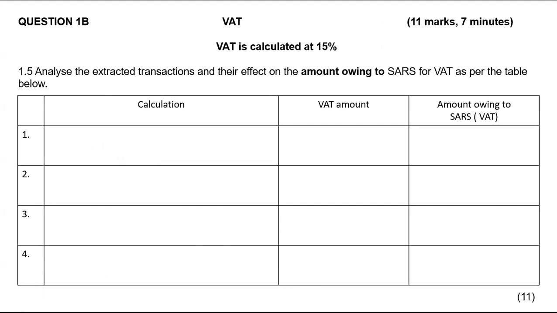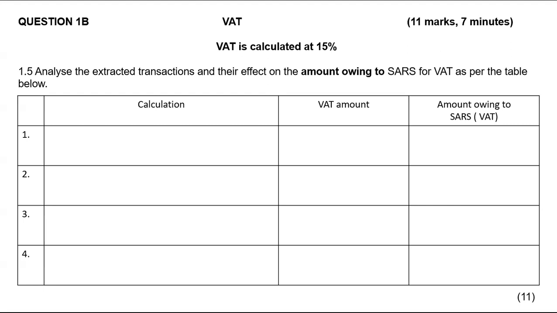I think they were supposed to say amount owing to SARS or amount we can claim from SARS. I think that's what the question was supposed to have been phrased, because what if VAT input in this example is greater than VAT output? Now that means it's the amount that is owing to us, which is, who is us? We are Patel's pies. We good?